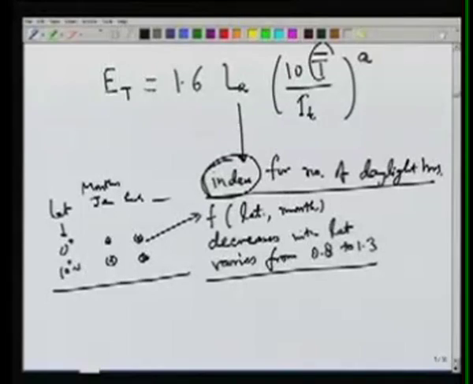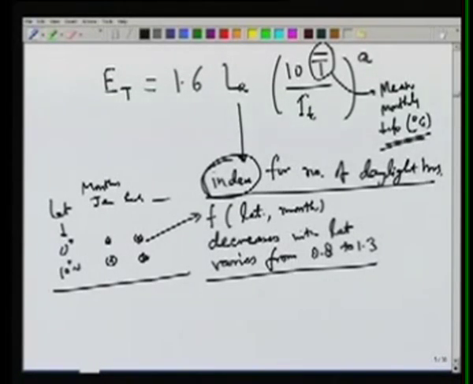T bar, as we have used before, is a mean monthly temperature. But now we use degree Celsius rather than degree Fahrenheit.